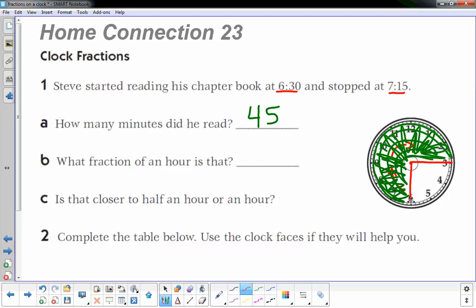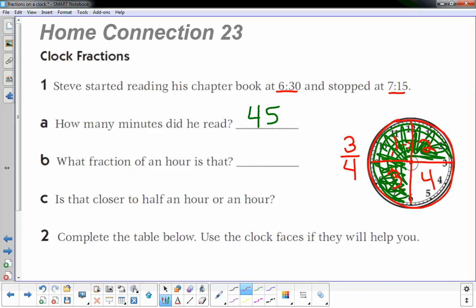Well, if I continue these lines, I now broke this clock up into 4 equal parts, and I see that there's 1, 2, 3, 4 sections. 3 of the 4 sections are colored in.